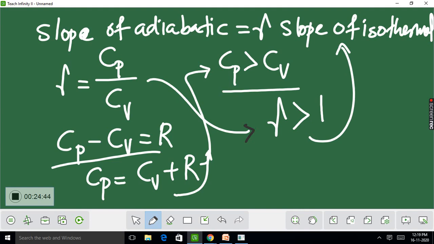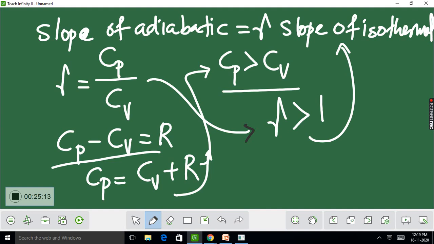Since gamma is greater than 1, the slope of adiabatic will be greater than the slope of isothermal.